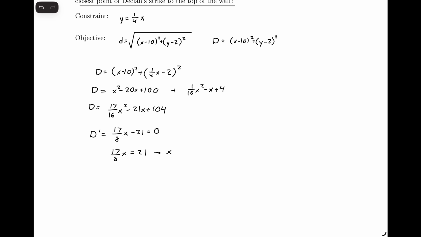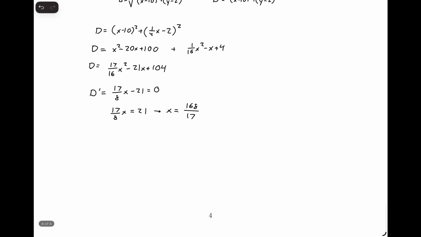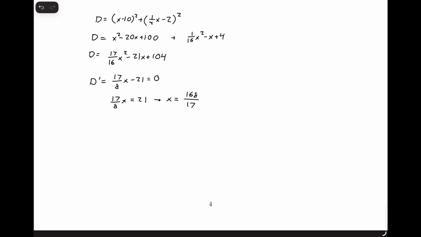So multiplying it 8 over, we get x equals 168 over 17. I'm kind of skipping some of this arithmetic, which I typically work out a little bit more, but it's not super important to the context of the problem, or in terms of actually doing the optimization. So I'm just going to not waste anybody's time with that.